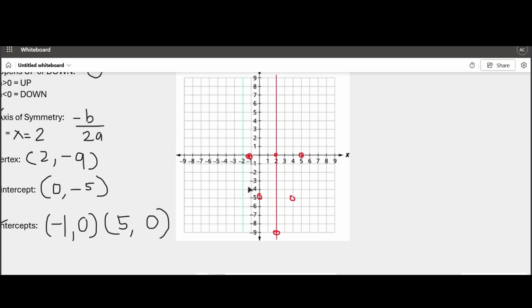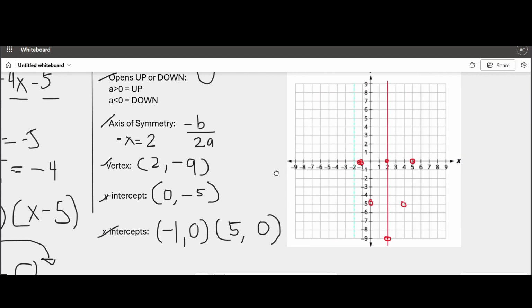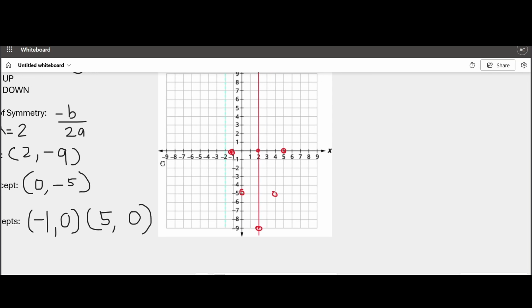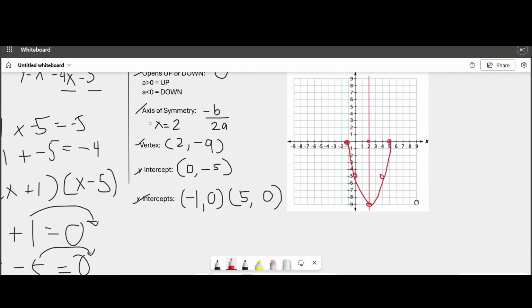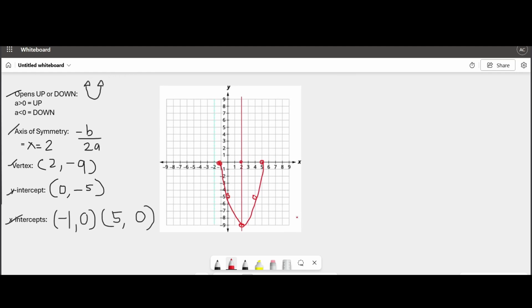So now that we've drawn out all of the possible points of the parabola, we just need to draw a line. Okay? And that will be our parabola. So this is just going to be one example. It's really more just like an introduction on graphing quadratic functions.